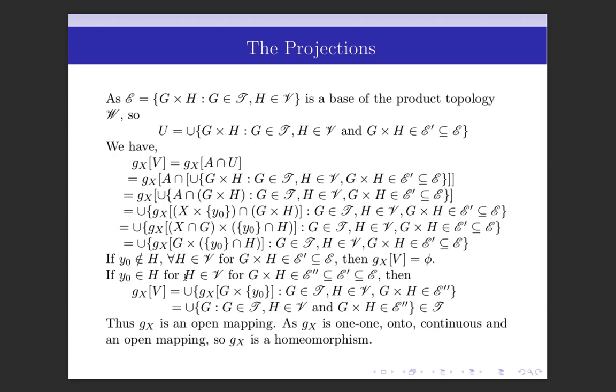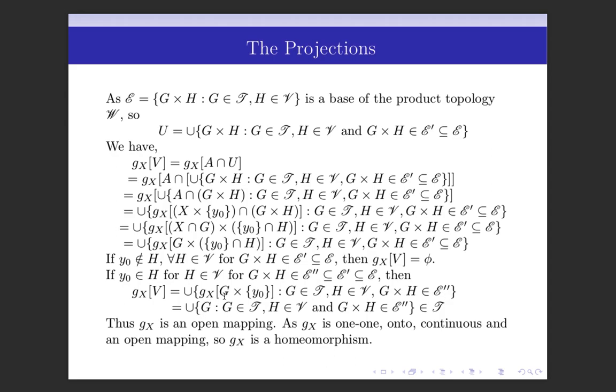And if Y naught belongs to H for some subcollection E double dash of E dash, such that Y naught belongs to H, then we can write the union of Gx of G cross singleton Y naught for G cross H in E double dash.